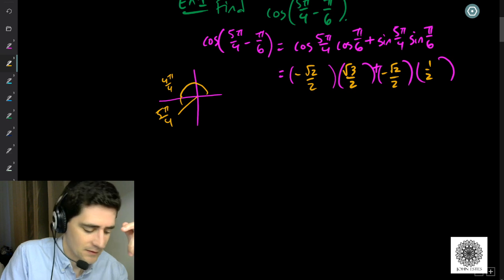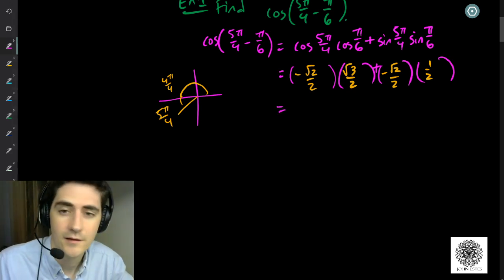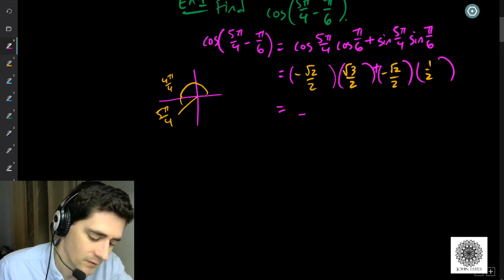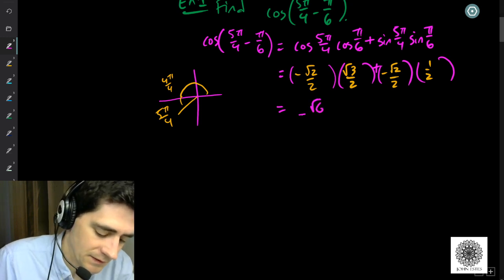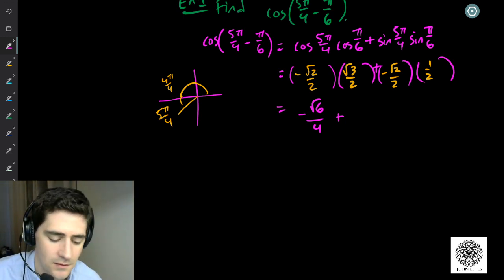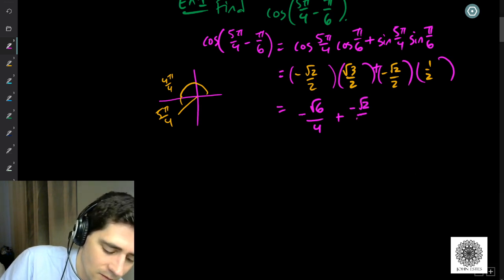So for that reason, I can now multiply all these together. And let's see, we get negative root 2 over 2 times root 3 over 2 should give me the square root of 6 over 4 plus negative root 2 over 2 times 1/2 gives me negative root 2 over 4.